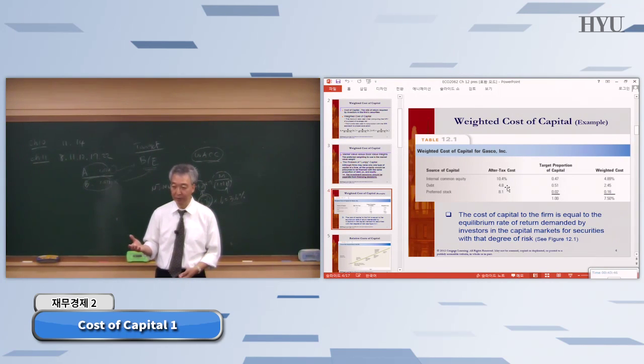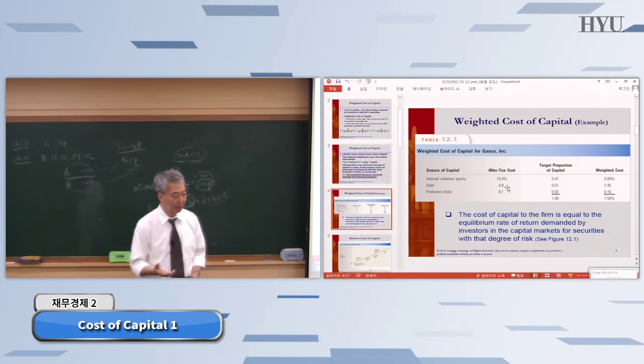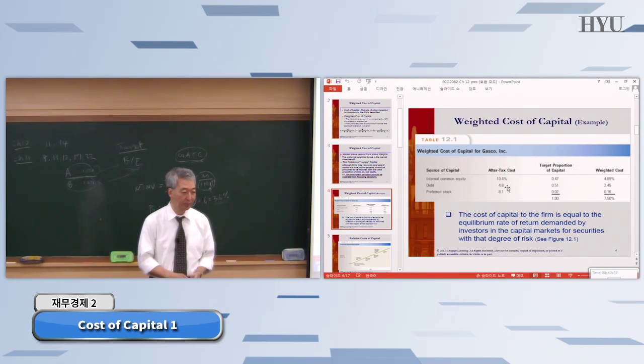As I used as an example, if you need to raise $300 million by selling bonds, what's the lowest possible rate at which you can raise that $300 million?